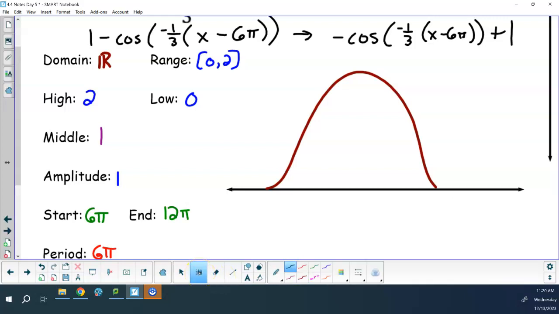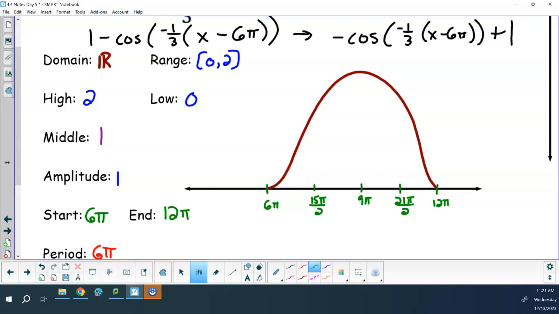All right? So then we started here at 6 pi. We ended here at 12 pi, which means halfway is 9 pi, which means halfway is 15 pi over 2, which means halfway is 21 pi over 2.